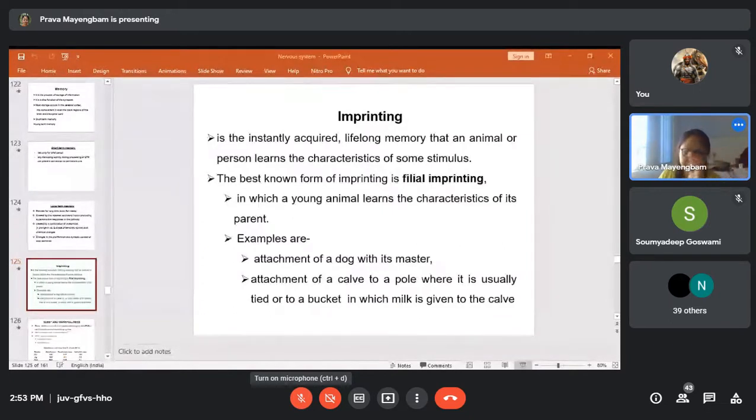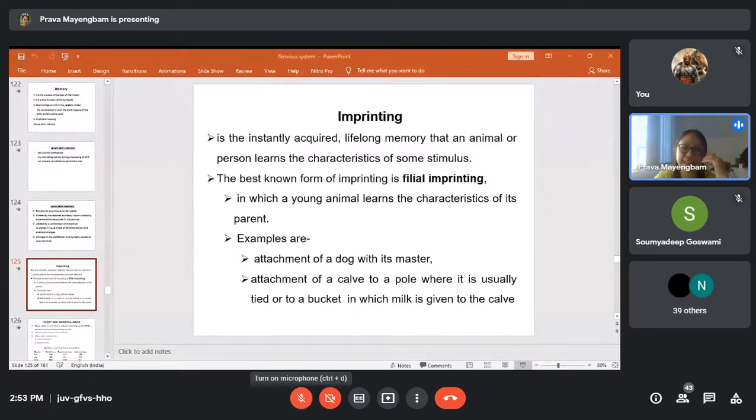I'll give you some examples, then you will be more clear. The best known form of imprinting is filial imprinting, in which a young animal learns the characteristics of its parent.